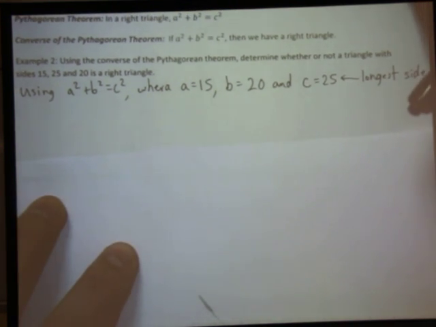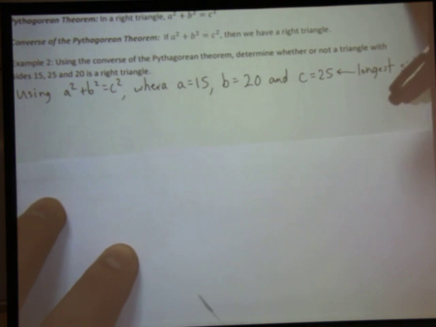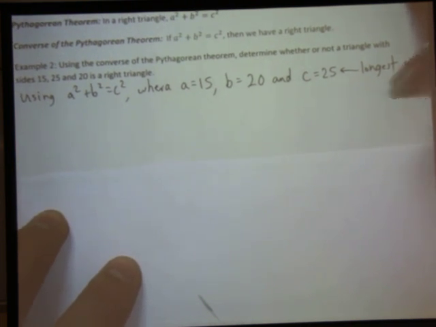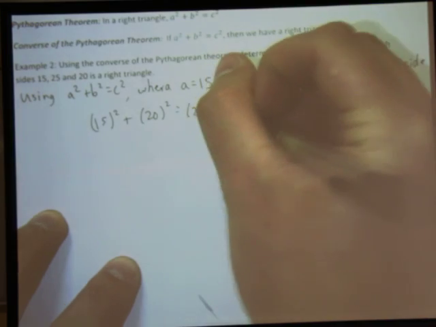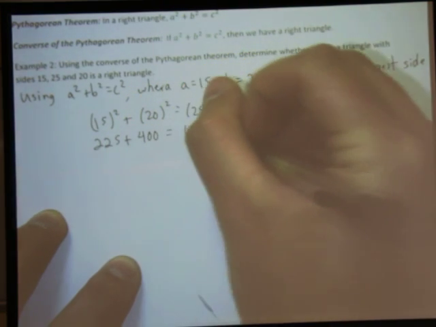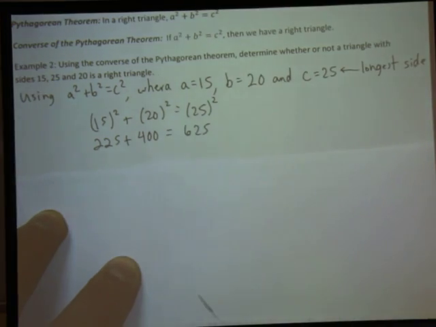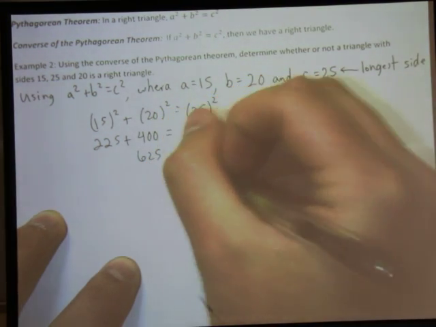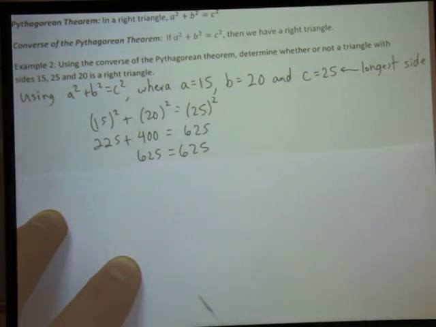From here we're going to plug into our equation and see if we have a true statement. 15 squared plus 20 squared equals 25 squared, which gives me 225 plus 400 equals 625. And that is indeed true.